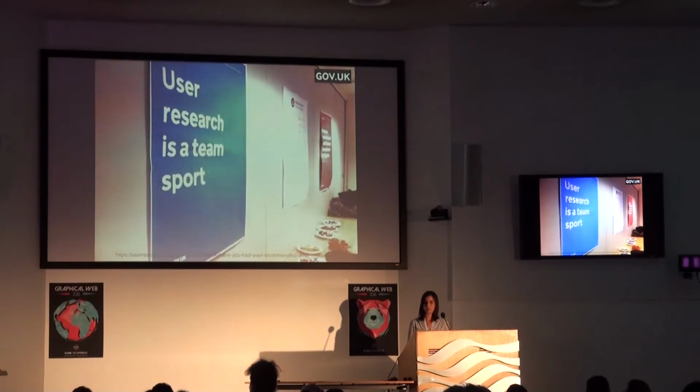They're giving us great examples of putting the user at the center of what they do. They are redesigning all the government websites, starting from users' needs. This is one of their posters, which says user research is a team sport. So everyone in the team should be thinking about the people who are going to use the application.